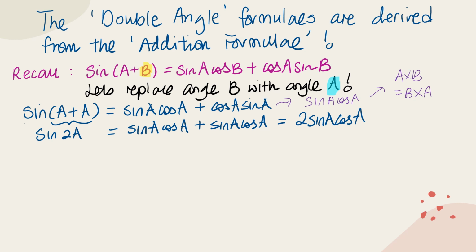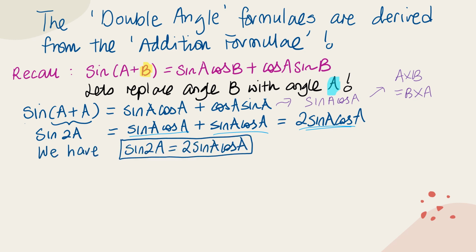So you will see that you have sine A cos A plus another sine A cos A, and that will give you 2 sine A cos A. So your first double angle formula will be sine 2A equals 2 sine A cos A.